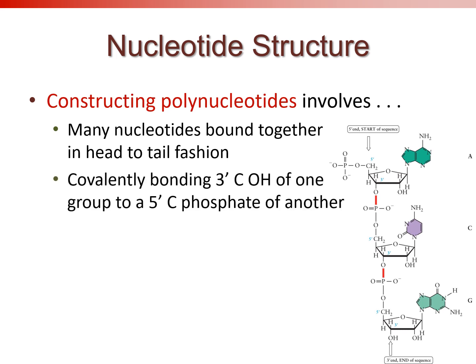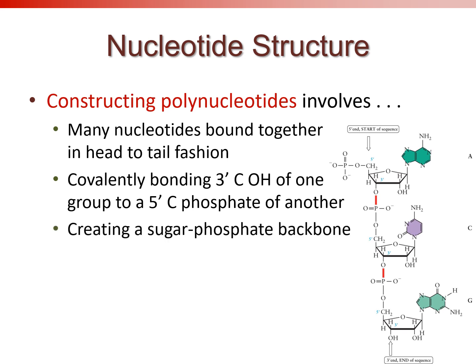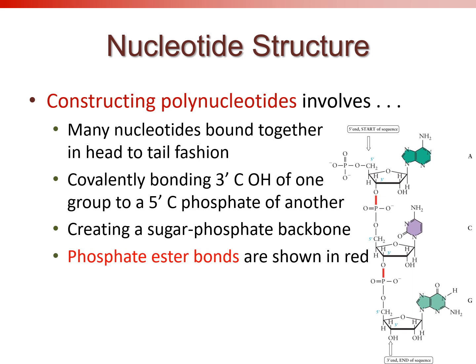Now these nucleotides are going to be strung together in a head-to-tail fashion, very similar to what we saw with amino acids. In the amino acids we talked about the N-terminus and the C-terminus. We don't have that here. In this case we're going to be talking about the 3' to 5' direction. So this is our 3', this is our 5'.